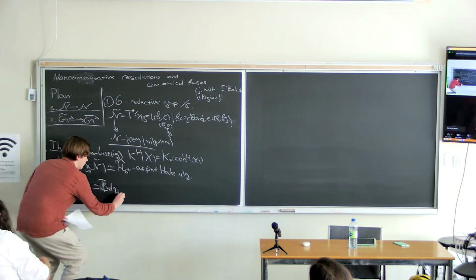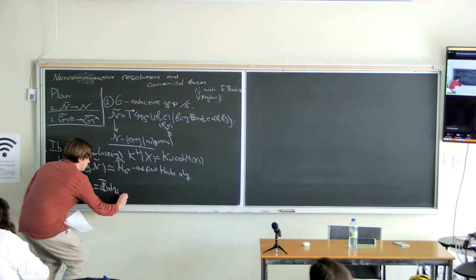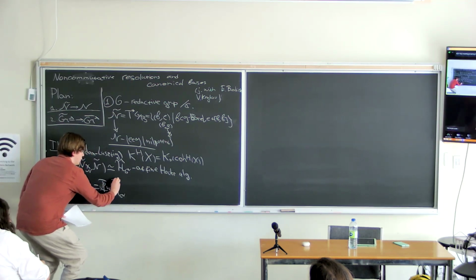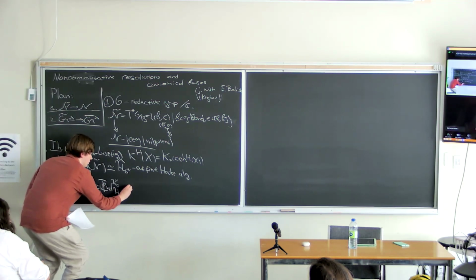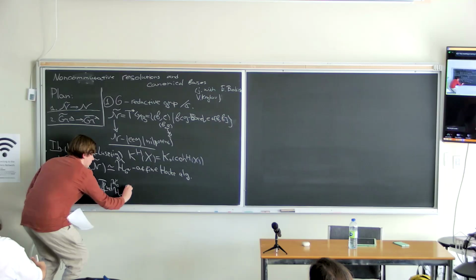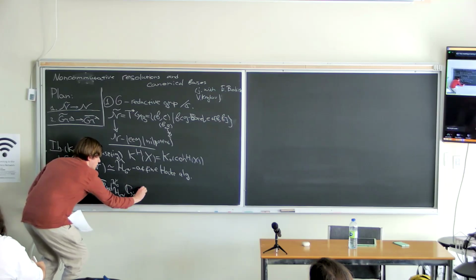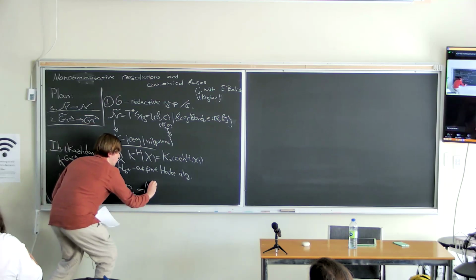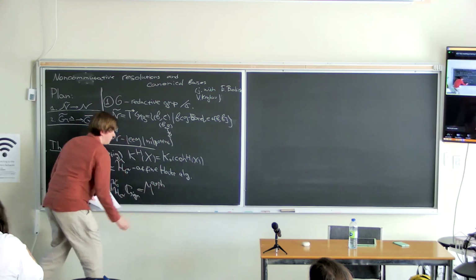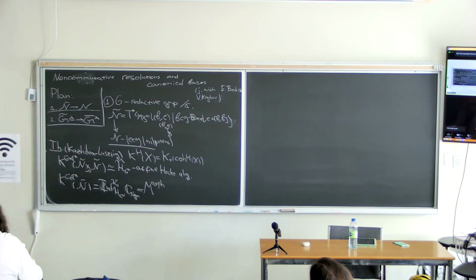It's an induction from the finite Hecke algebra to the affine Hecke algebra of the sign representation. It's also called the aspherical module. So, okay, let me now remind what this is.